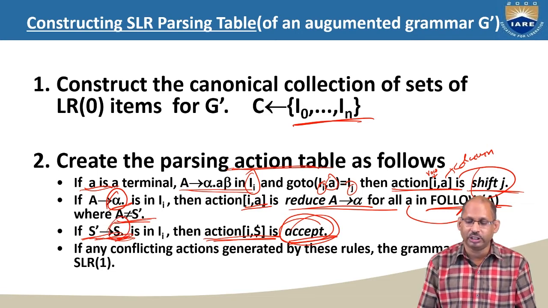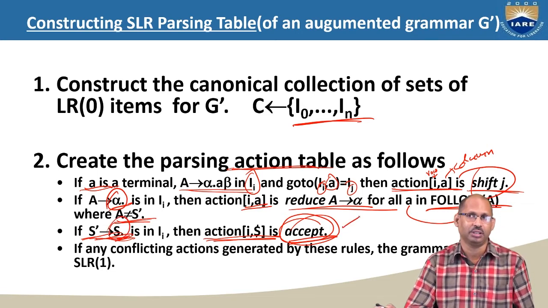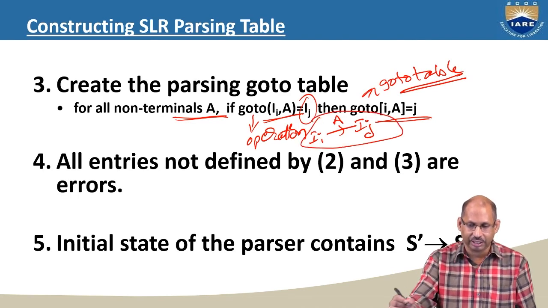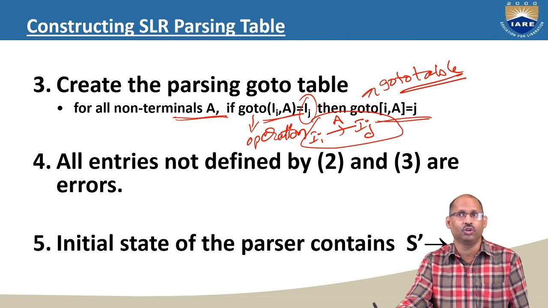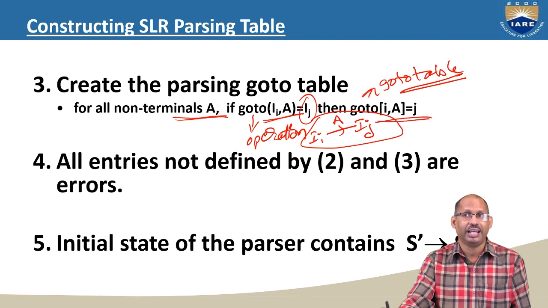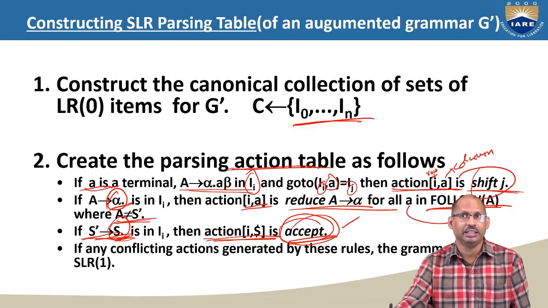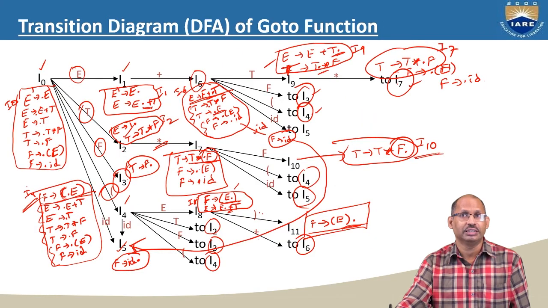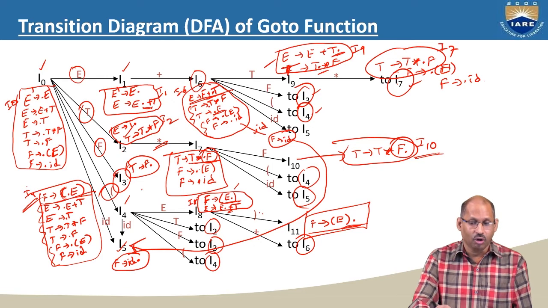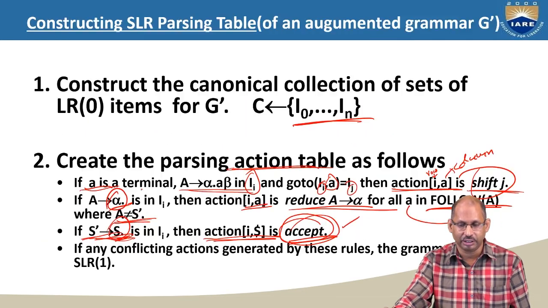If it is a special production, we write accept. Then if I on A gives J in Goto operation, simply we write Goto table I comma A as J. This will help in writing the SLR parsing table, because it has all the Goto operations in the table.